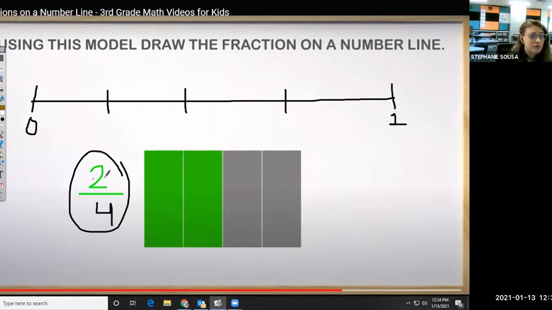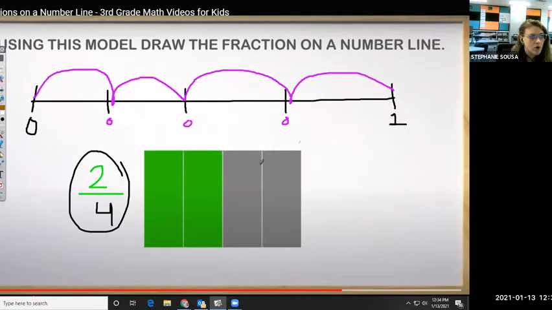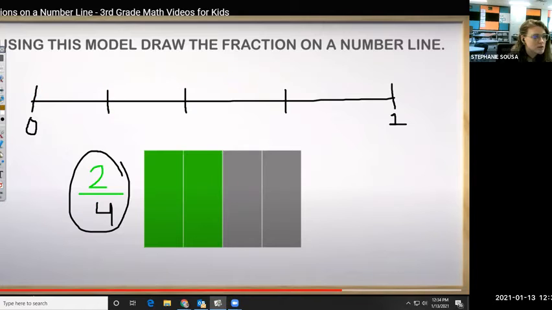So now I've got my 4 spaces. Notice I didn't draw 4 lines. I only drew 3 lines because that gives me 1, 2, 3, 4 parts. Okay, you're not going to draw this many lines. You're going to draw that many spaces. All right, so there's my 4 parts.